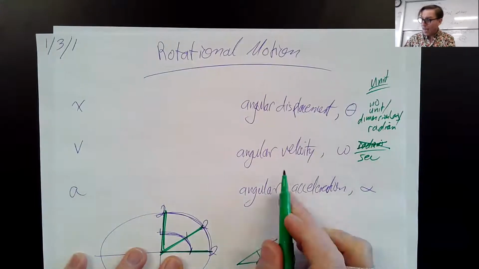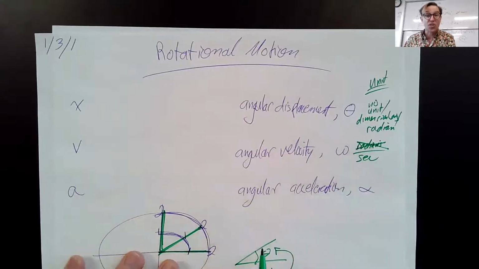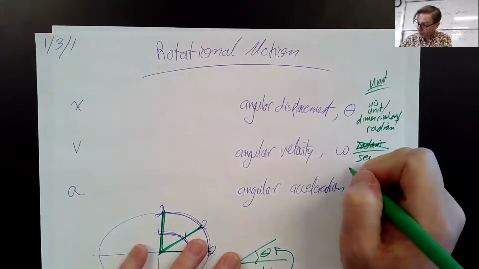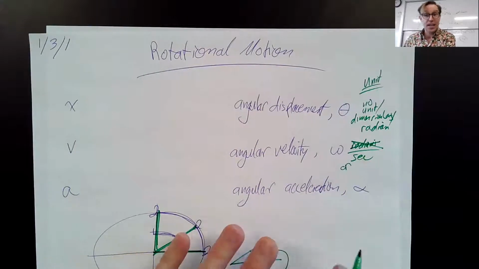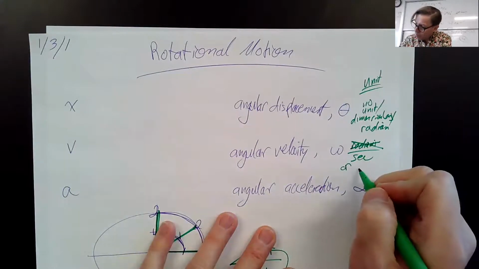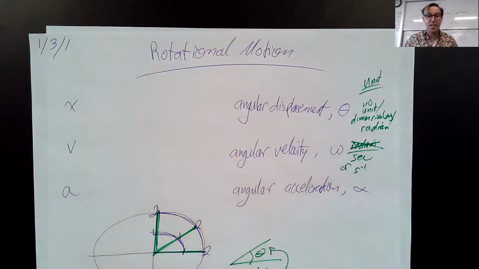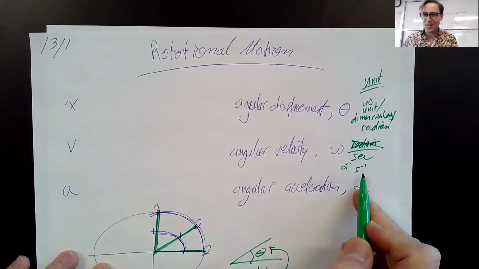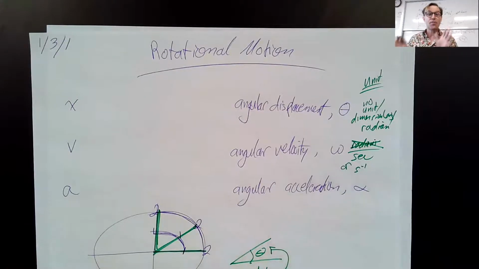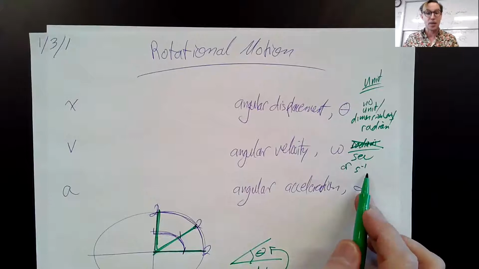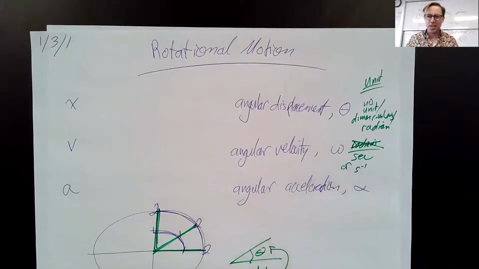So the unit for angular velocity is just 1/second. Now, 1/second is fine, but I think it is so much more fun to say s to the -1. S to the -1 is 1/seconds. And who isn't happier when we're talking about a negative exponent, right? That just makes me happy. So the unit for angular velocity is s to the -1, or radians per second, or 1/seconds.